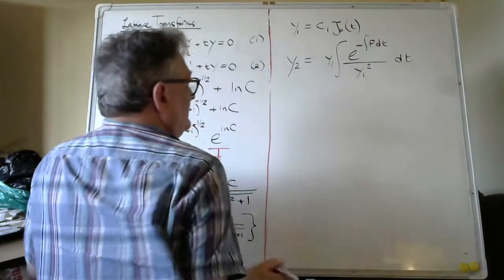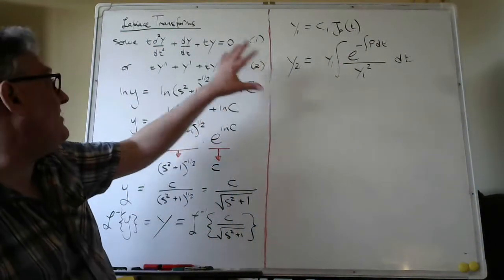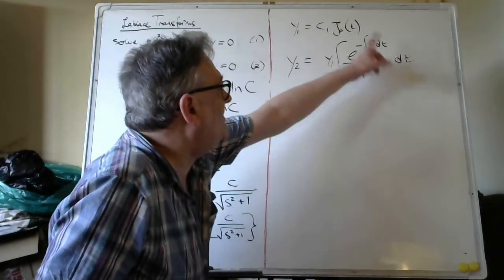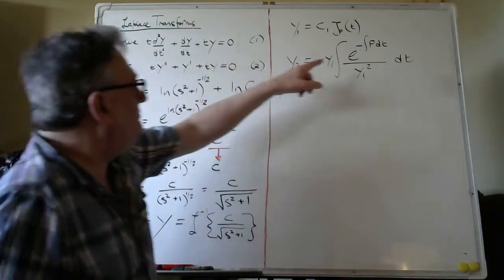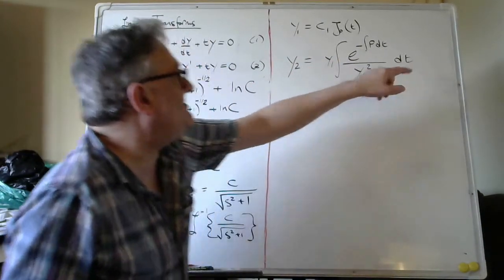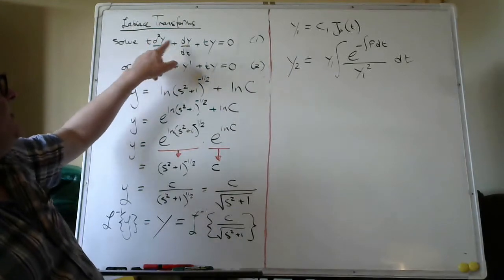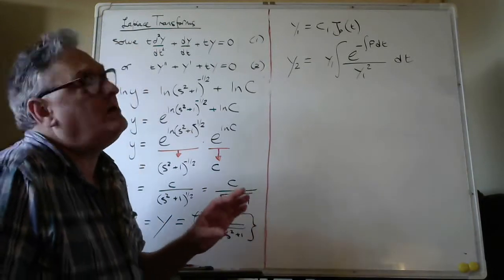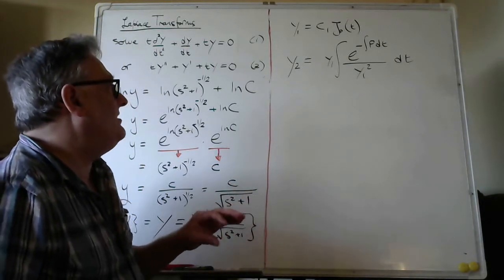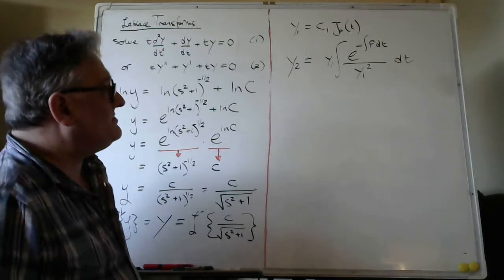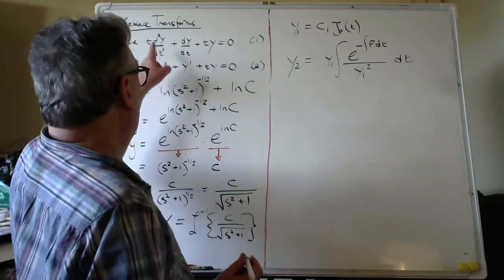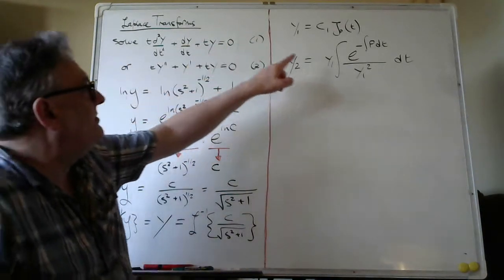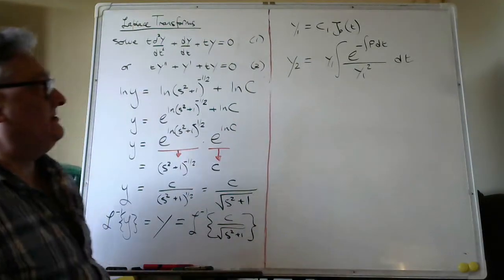I have to remember that it's time we're dealing with here, because this is all in terms of time. Previously that was dx, because the original equation was in terms of x's. But it doesn't really matter, you just adapt it to whatever the question is. So first of all, we need to rewrite equation 1 to work out what p is.